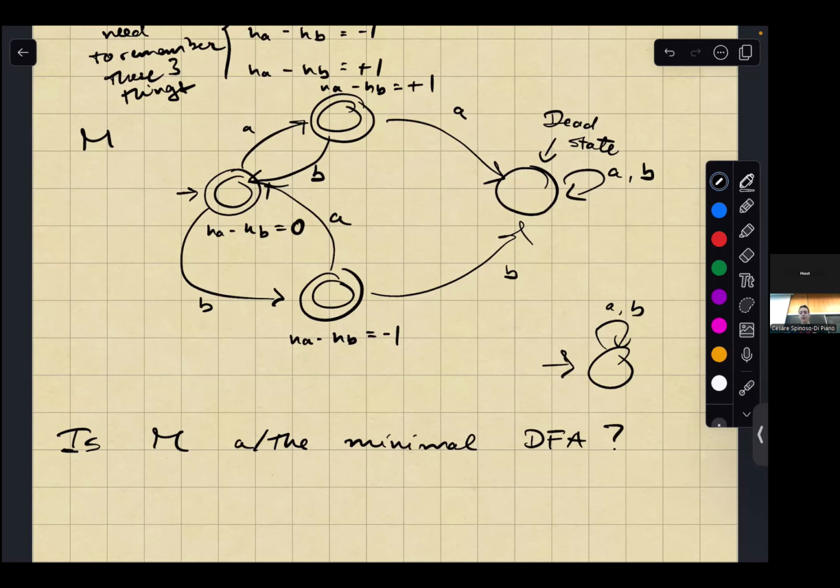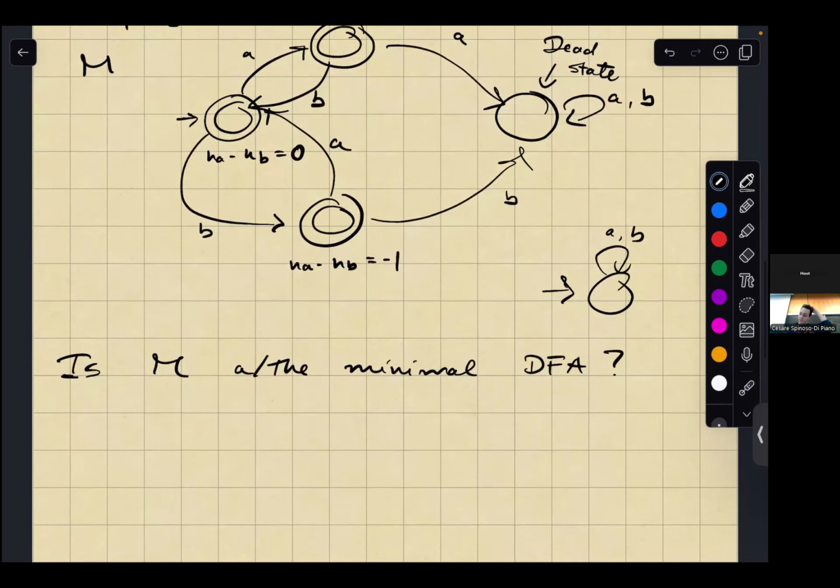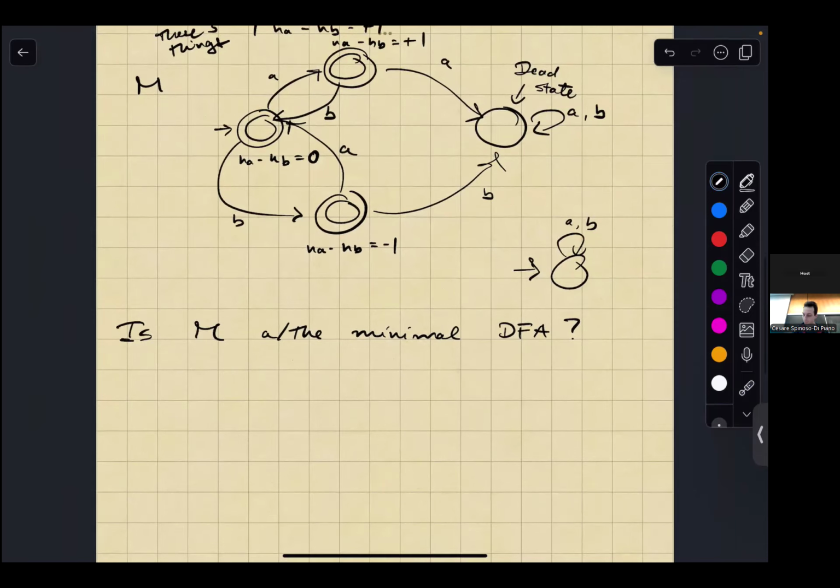Well, you could look at it and say, I think it's minimal, or I think it's not minimal. Or you could just run the minimization algorithm and check. I have a quicker way of doing the minimization algorithm, but I think I should just show you what was shown in class.